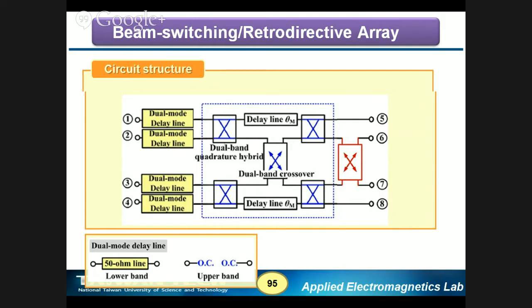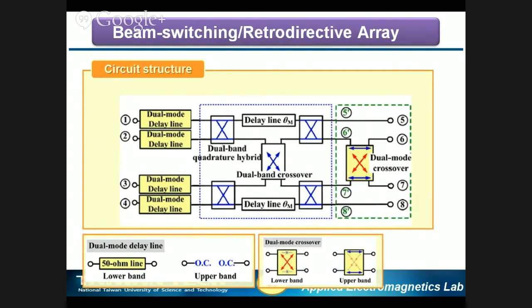And the second part is, how about we introduce a dual mode crossover here? In the low band, it is a crossover. But in the high band, it becomes a pair of isolated transmission lines. It's quite simple, using just two key components, the dual mode delay line and the dual mode crossover.